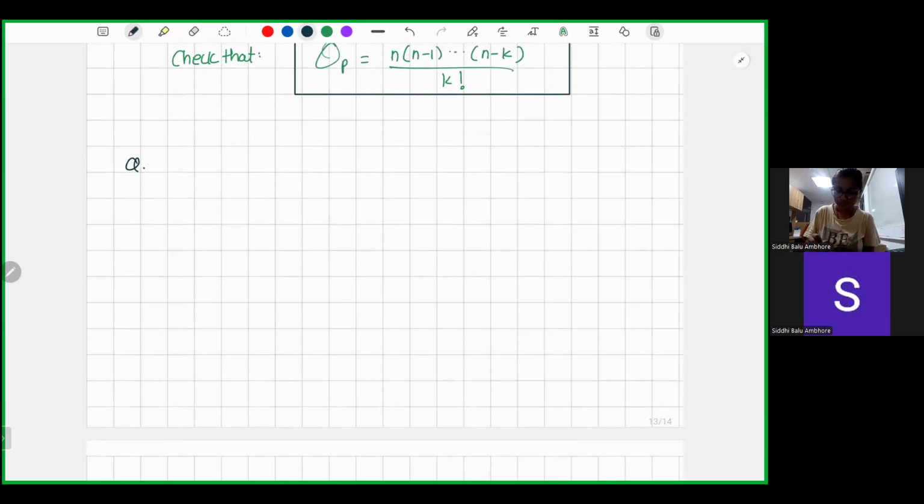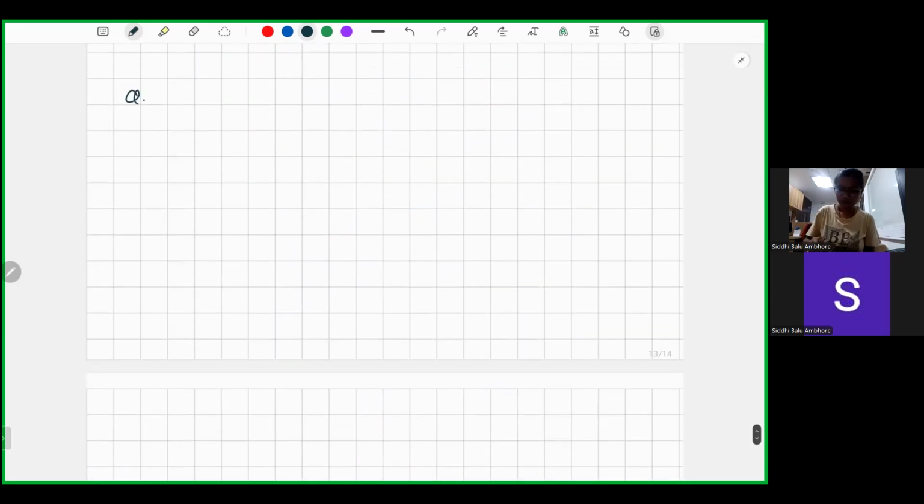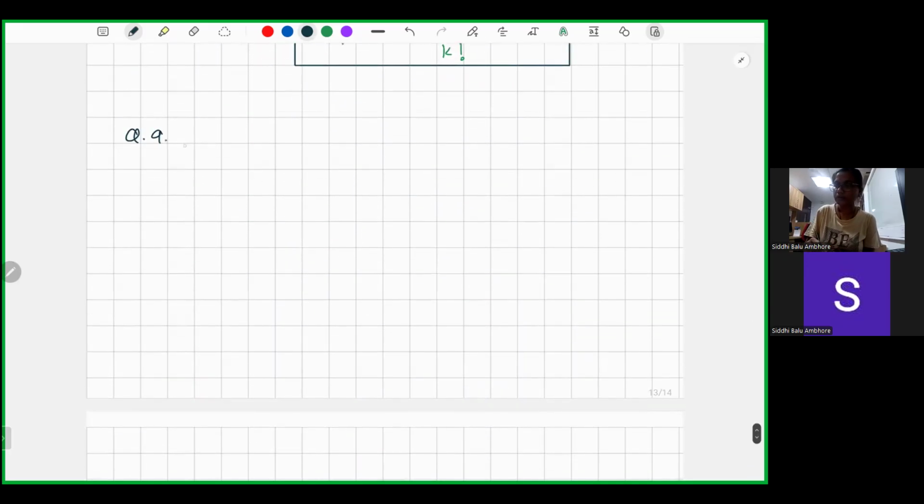So I think this is question 9. Let G be equal to GLNR and X be equal to SLNR.